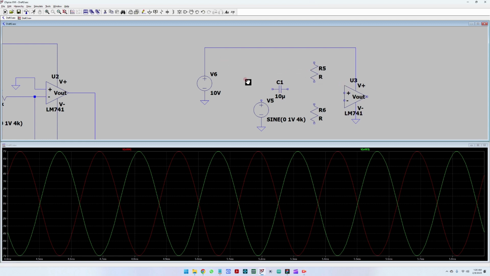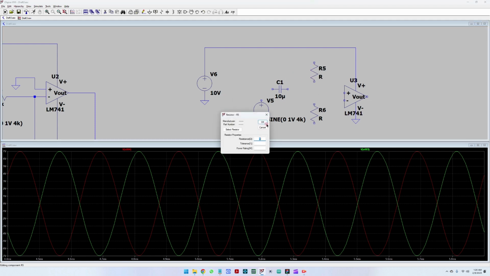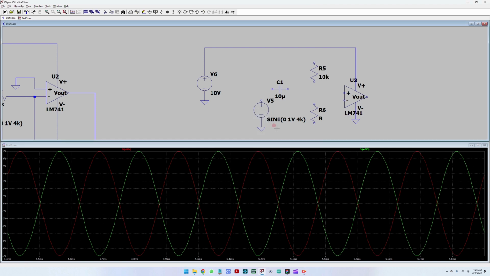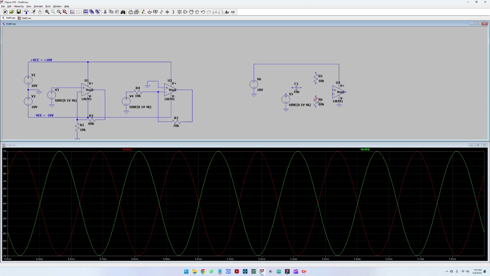So to create a middle point from 10 volts, we have to do a divider by 2. So here we would need 5 volts. So this is quite simple. We just put here 10 kilo ohms with another 10 kilo ohms resistance, and it's done.